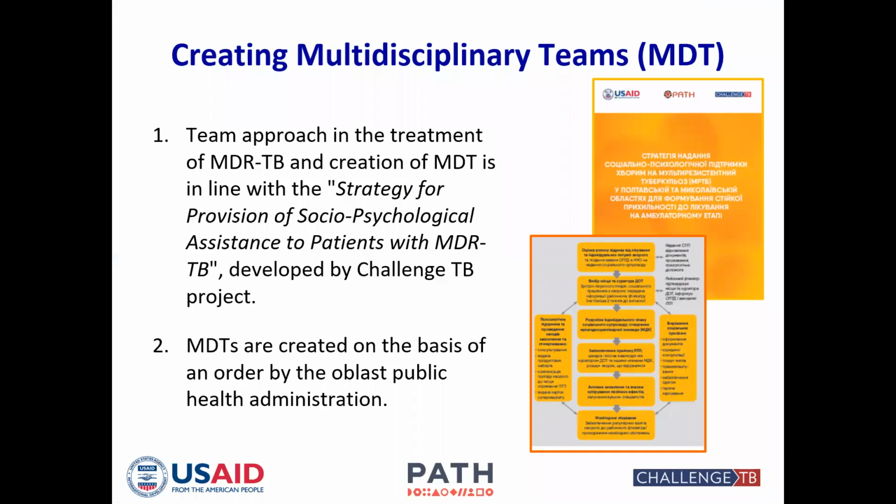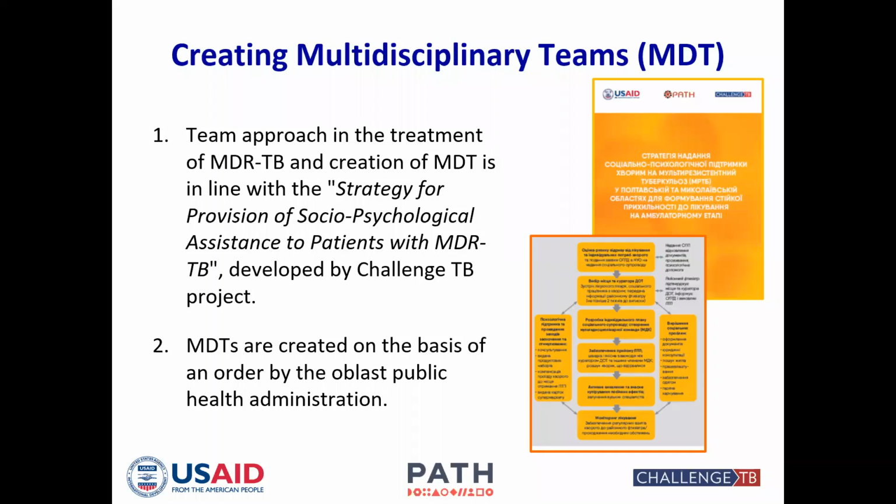So the goal of the strategy was to lay out the common vision regarding the provision of social and psychosocial support for DRTB patients, to build suitable adherence to treatment, to promote effective planning, implementation, monitoring, and evaluation of psychosocial support, facilitate partnership and coordinated efforts of all the partners, as well as efficient use of resources. The strategy is based on the patient-centered and team approach and creation of multidisciplinary teams.